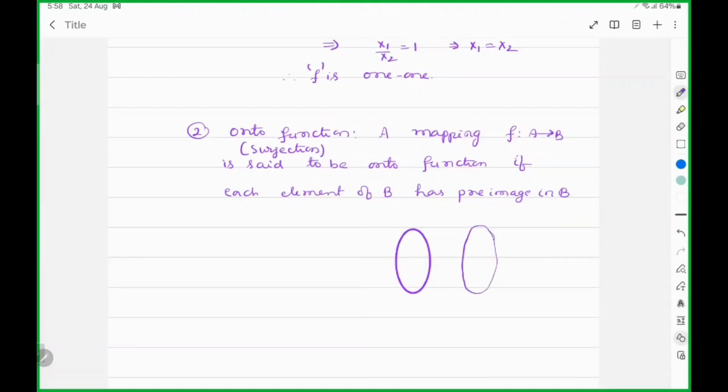Let us see to understand what I am saying in the definition. I am considering two sets, one is the domain, the other is the codomain. The mapping is defined like this. 4 has a pre-image, which is 1, called the pre-image of 4. 5 has pre-image 2. 6 has pre-image 3.